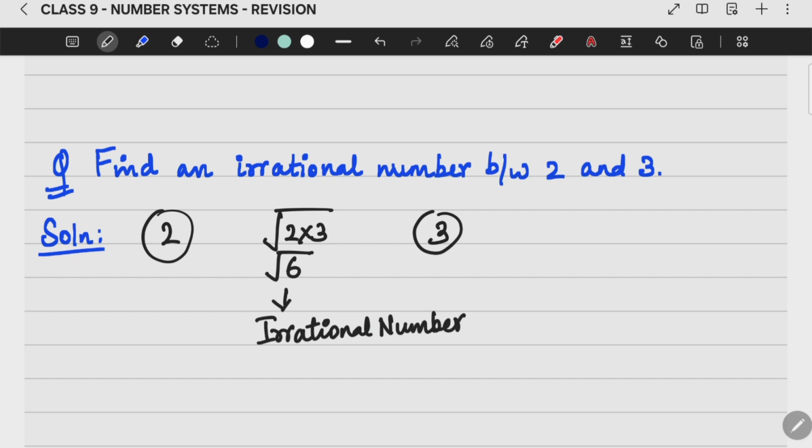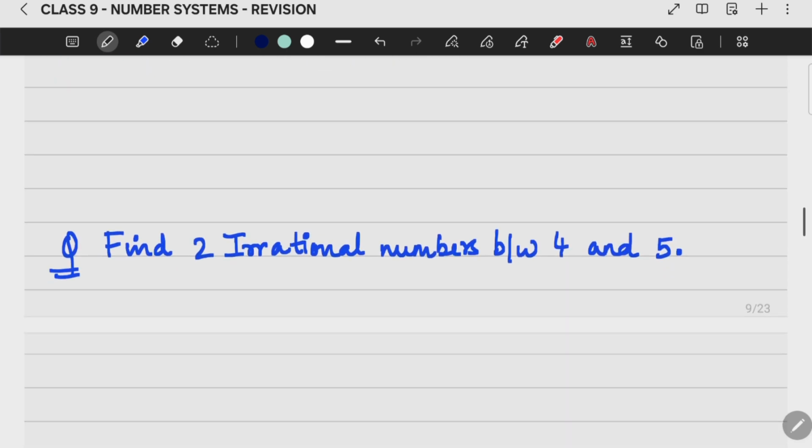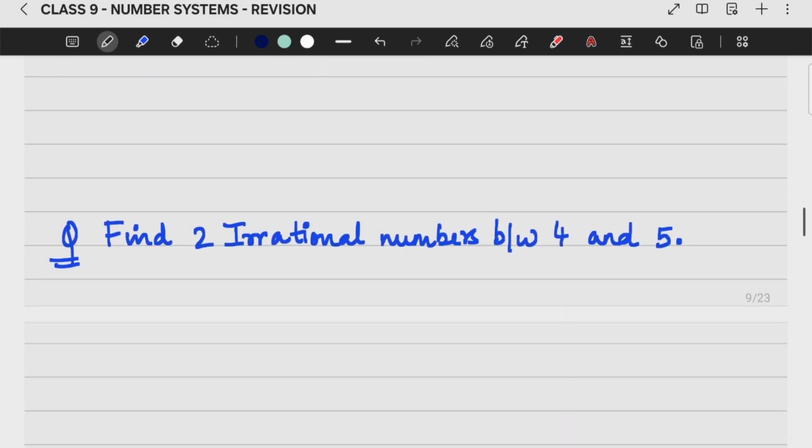Okay, let's do some more questions. Suppose you have to find two irrational numbers between 4 and 5. How will you do it? If you are asked just one number, 4 is one number, 5 is another number, root of 4 into 5, that is root of 20.